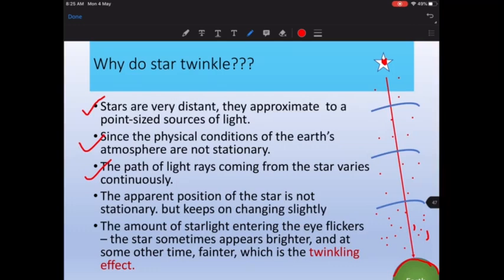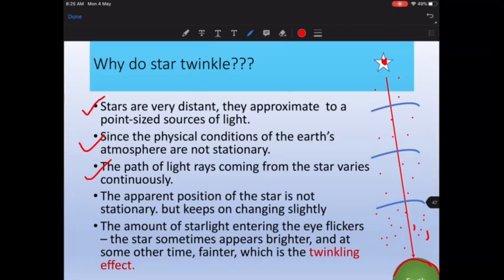You see your friend's image a little waving, right? Why is it so? Because the atmosphere right above where the fire is lit is not stationary. It is continuously moving, continuously changing. So you see that waving effect, a little shaky image.